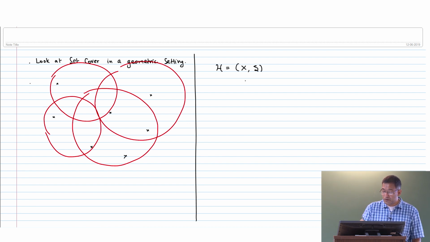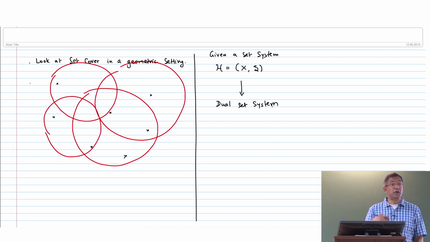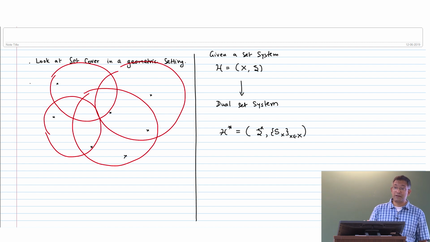we can define a dual set system, let's call it H star, where the elements of H star are the sets and the sets correspond to the points.